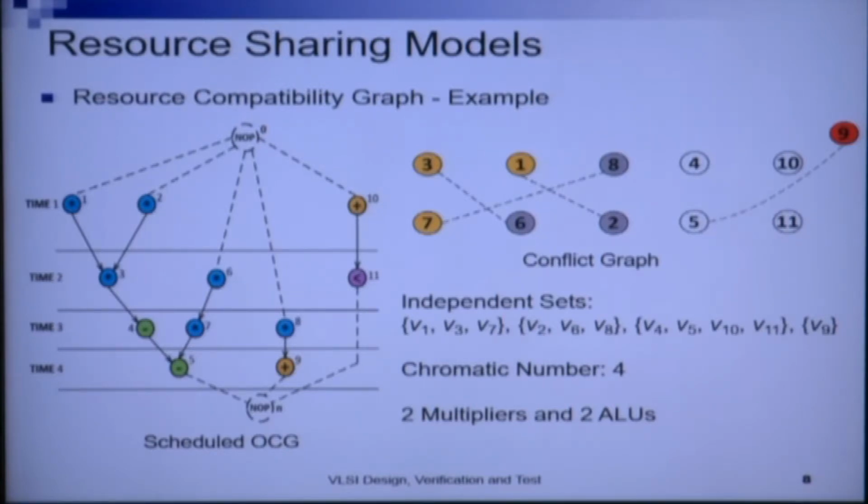It is important to note here that the clicks in the compatibility graph are now independent sets in the conflict graph. The chromatic number here is the same as the vertex cover number in the compatibility graph, which is 4, and therefore, we again require 2 multipliers and 2 ALUs. Allocation and binding will again be the same.